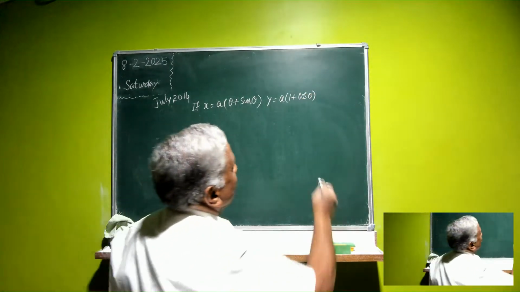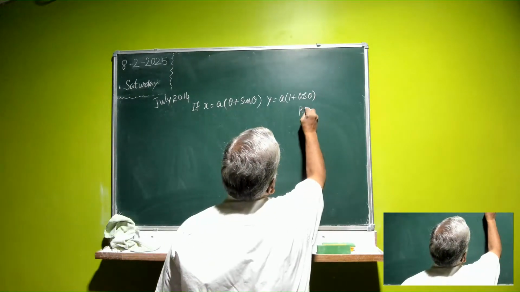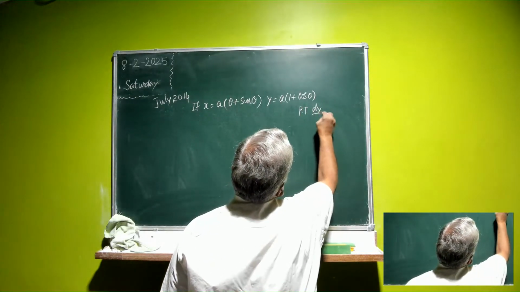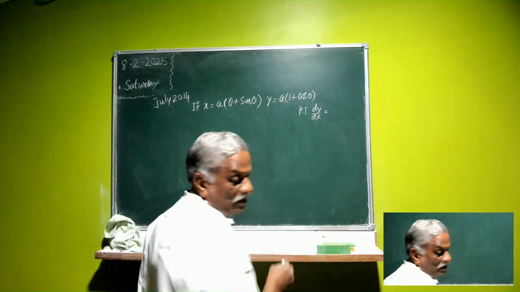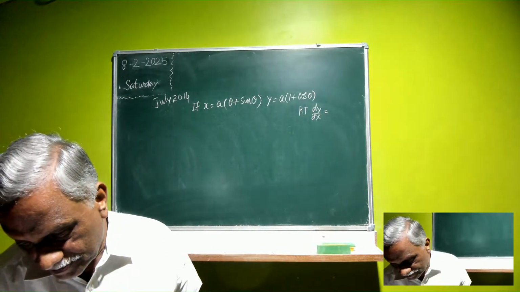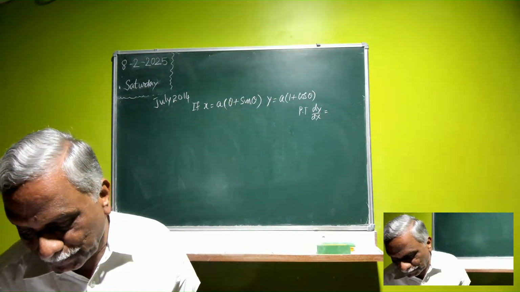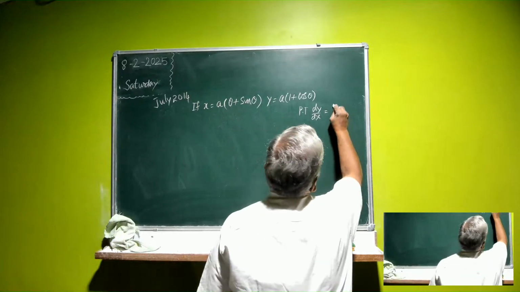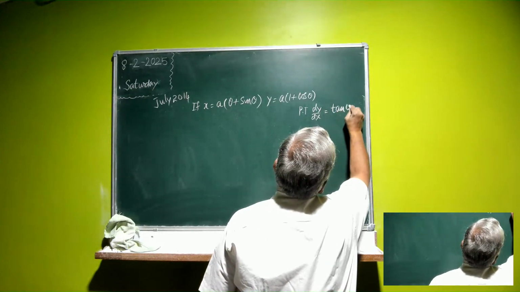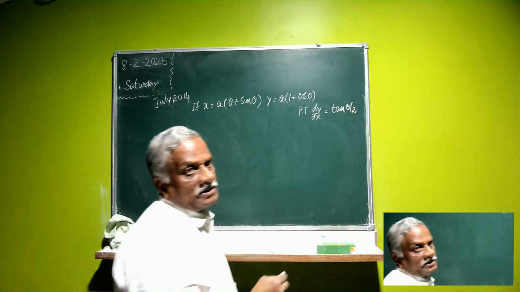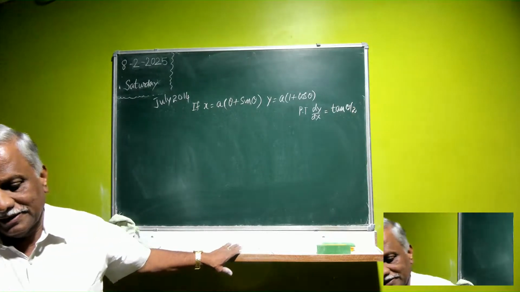But here they have given prove that dy by dx is equal to tan theta by 2.